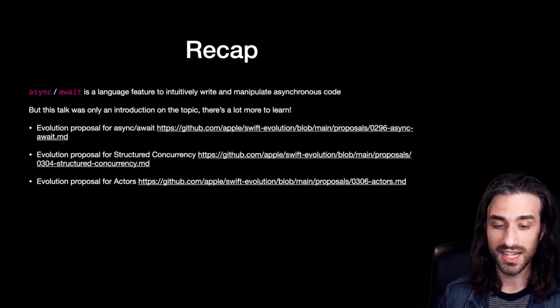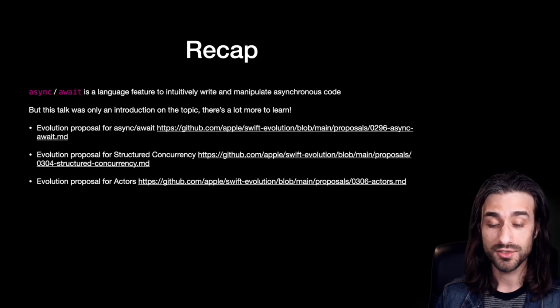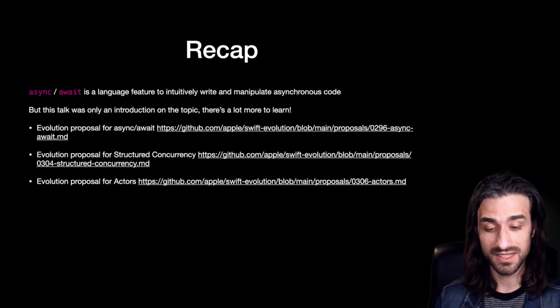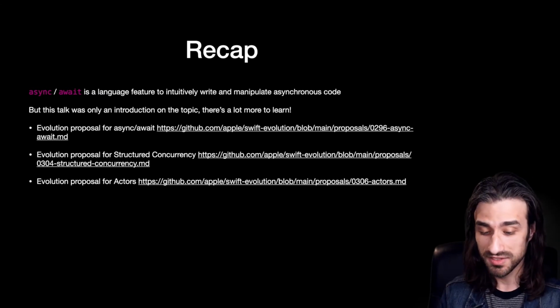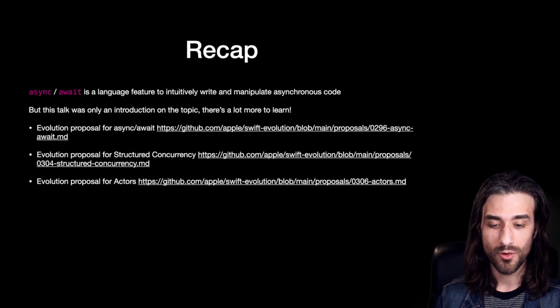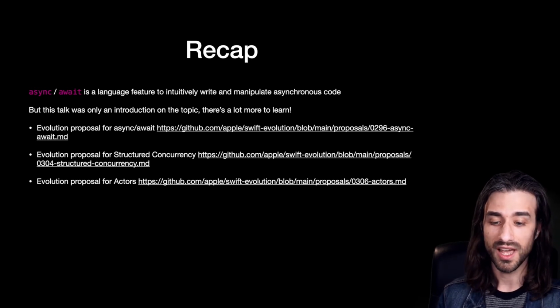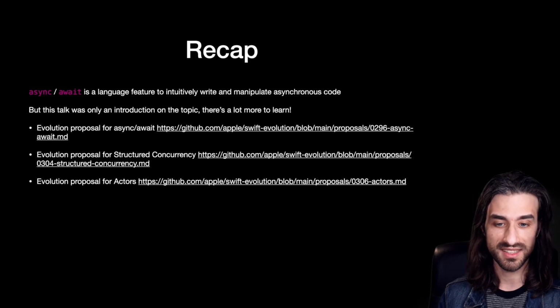And then there is a third proposal about something that I haven't talked about at all in this talk because it's a topic in and of itself. It's what's called actors. As we've seen, when we use async await, we introduce a lot of asynchronous code and a lot of parallel code in our app, and a consequence of doing this is that we need to be very careful about the way that we access data.